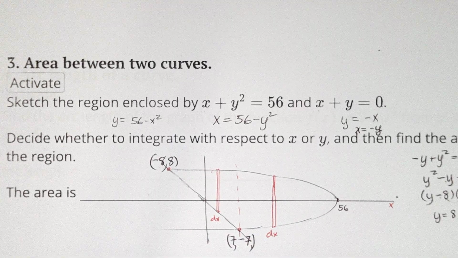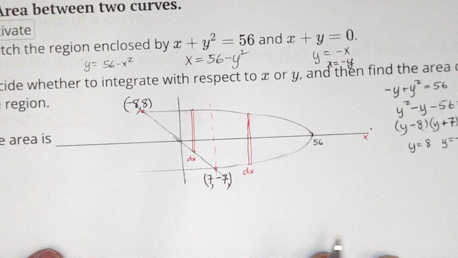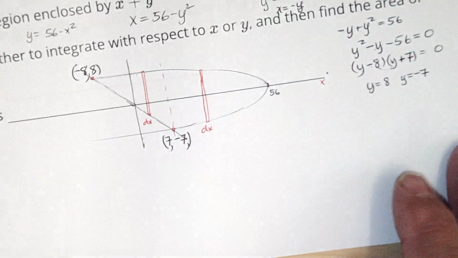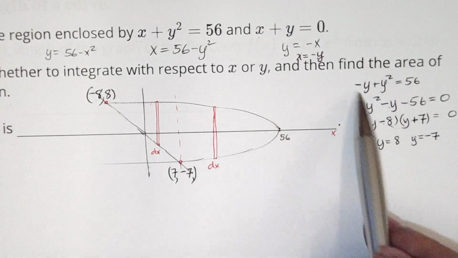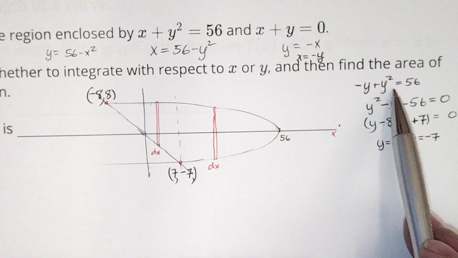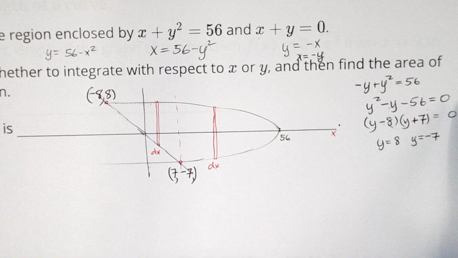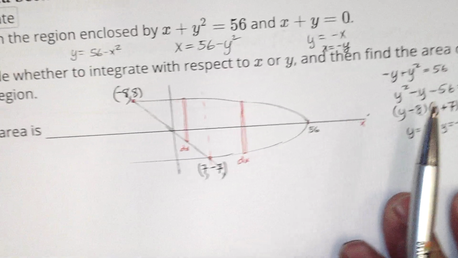Okay, so now, maybe you couldn't see that. Let me slide that over for a moment so you can see what my arithmetic was on that. I put negative y in for the x, and then brought the 56 over and organized these in decreasing order, factored, and got those.